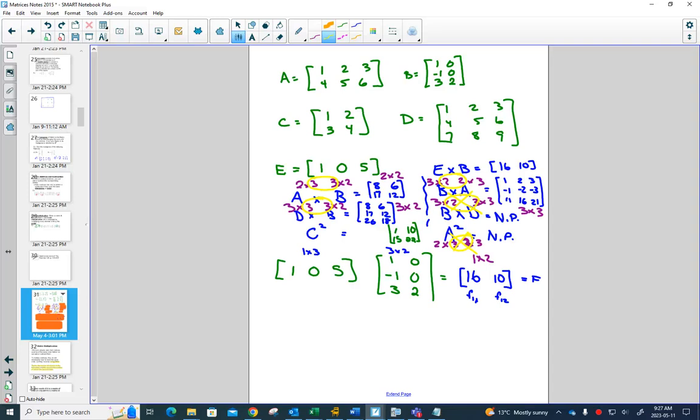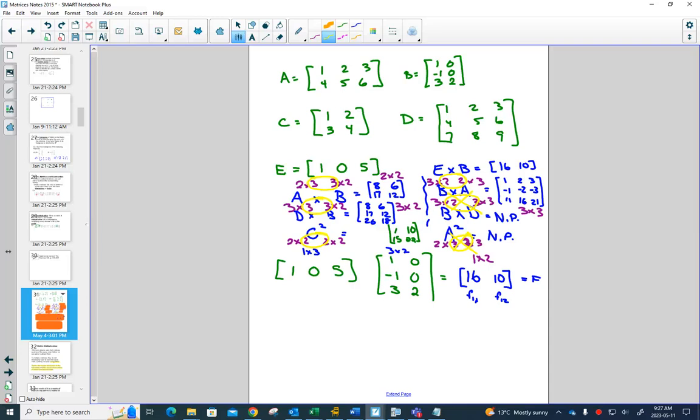If you look at C, C was a 2 by 2, and by another 2 by 2, my middle numbers match up. So those middle dimensions have to match up in order to be allowed to multiply. Rule number 1.